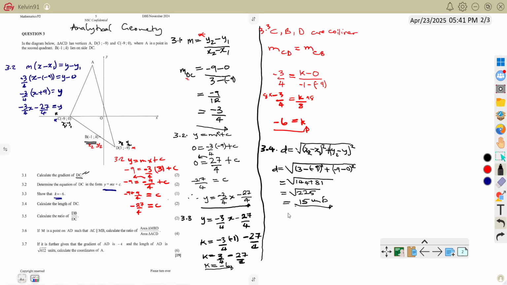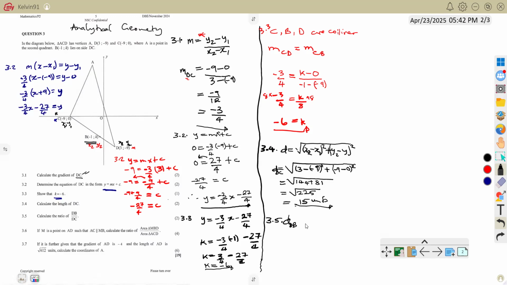So in this case, on 3.5, what we calculated here was the length of DC. So this ratio DC, we already have it, so it means we need DB. Since we have the coordinates of D, you can go and calculate the length. You are still using the distance formula.